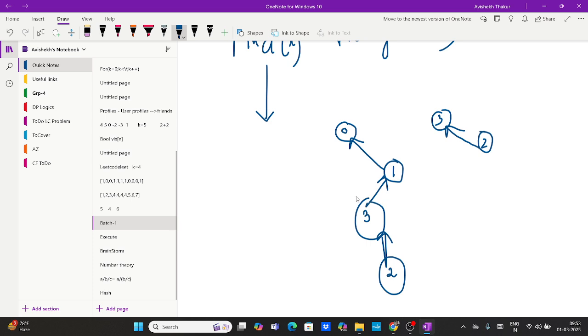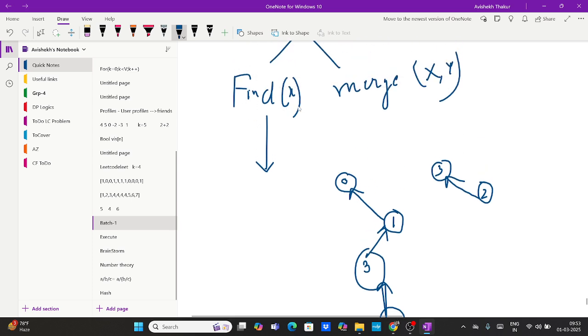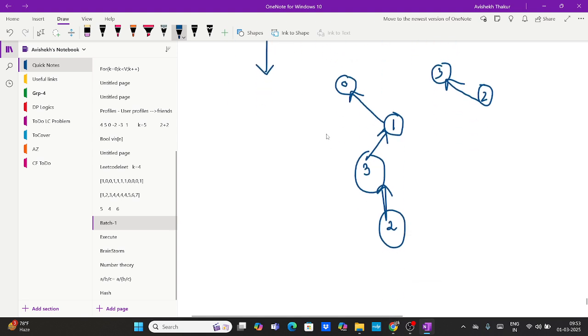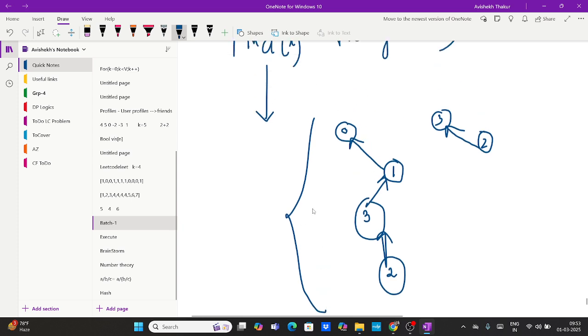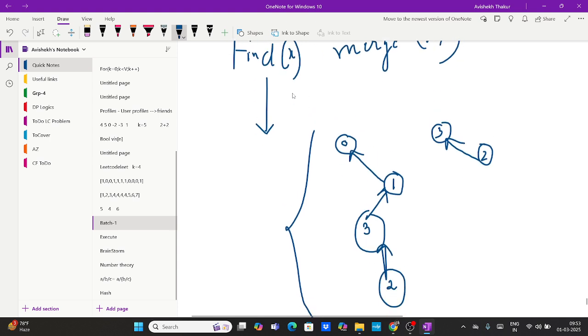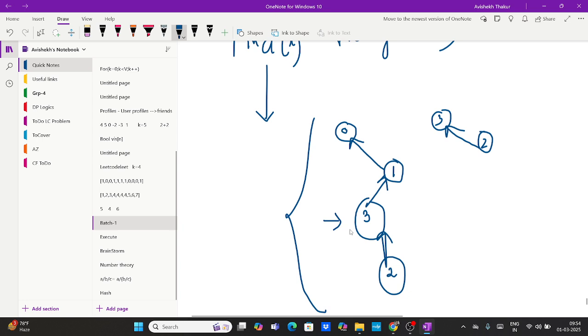Now, what does find of x mean? Can you see this is a tree structure being formed, right? At any instant, if you say find of 3, it should always give you the root, which is also known as the representative or root node.